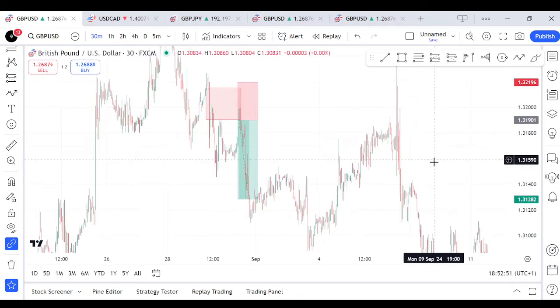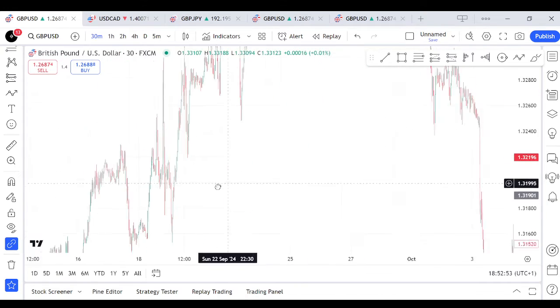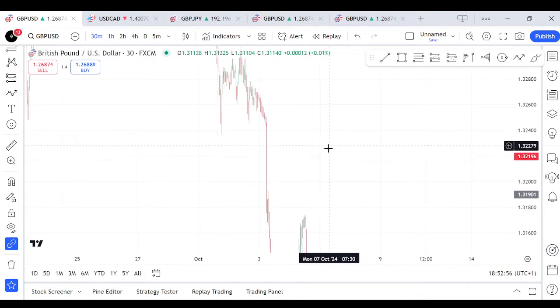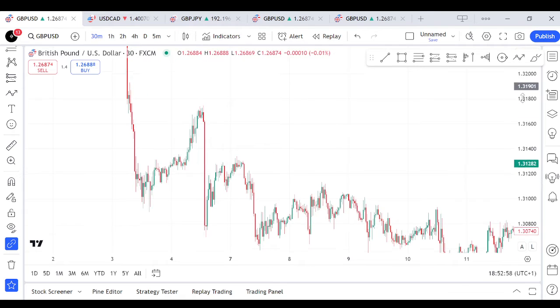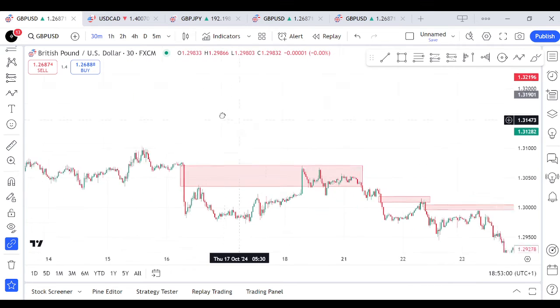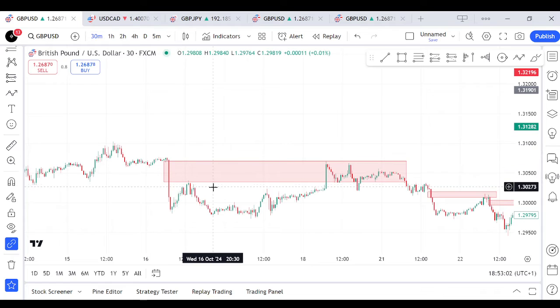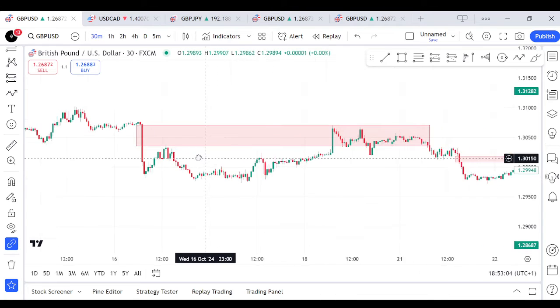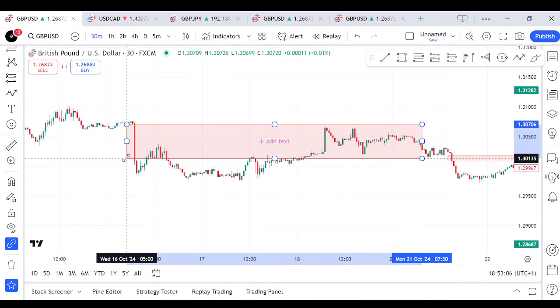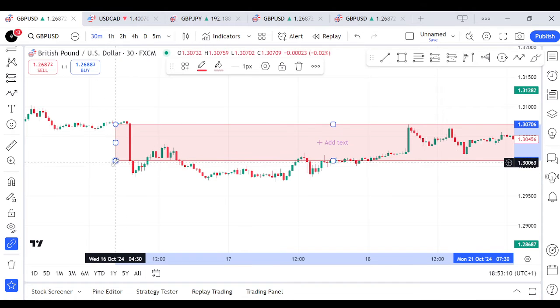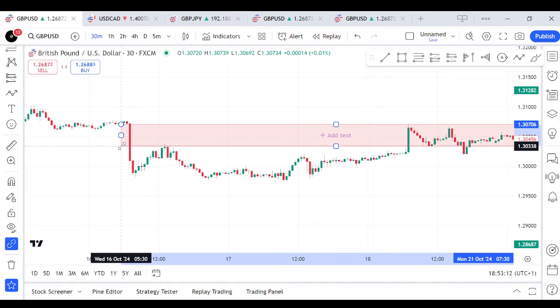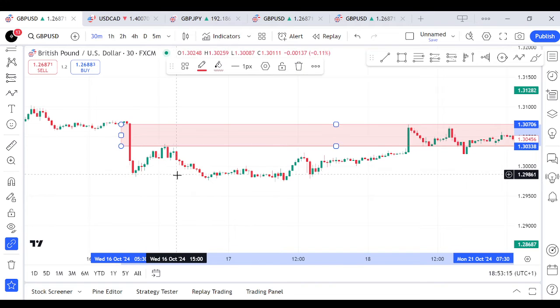So I'm just gonna look for more examples to explain the fair value gap better. The fair value gap happens in the market every time, and you should always look for it. You can see the first candle, the second candle, and on the higher time frame, the fair value gap will be from this area.